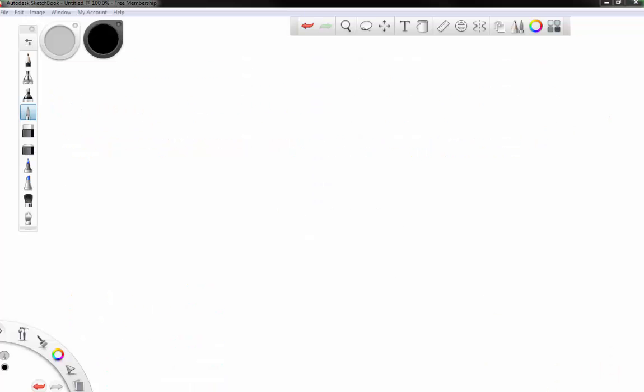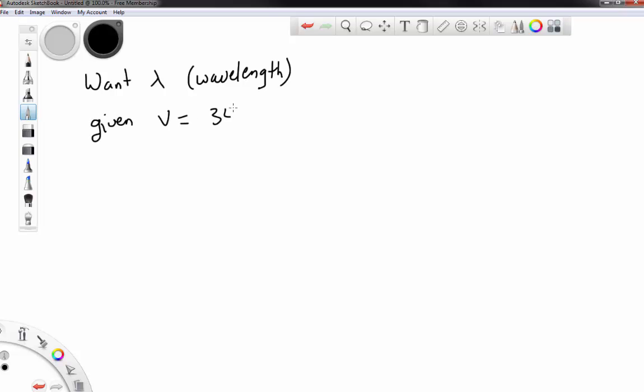All right, so we wanted to find the wavelength. So that's represented by lambda. And to do that, we have been given the speed at 344 meters per second and the frequency at 512 hertz.